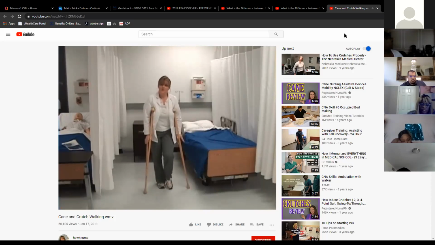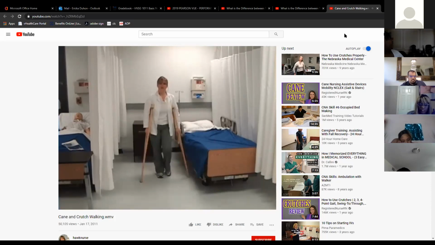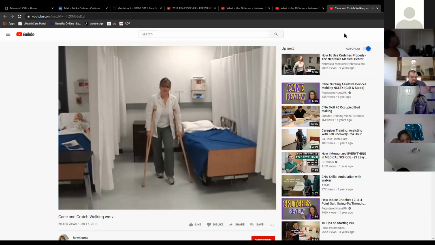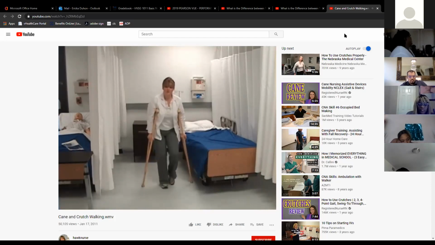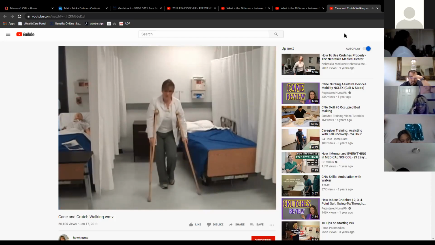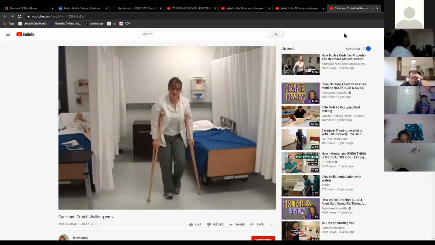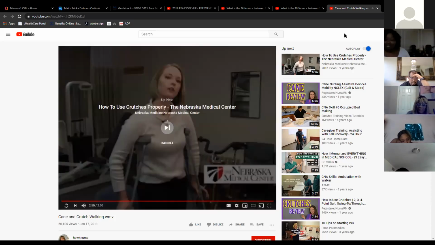They'll continue to do so all the way up the stairs. When assisting your patient in going down the stairs, they're going to put the crutches down on the next step, followed by their affected foot, followed by the strong foot. The crutches will go down, the affected foot goes down, the strong foot goes down.